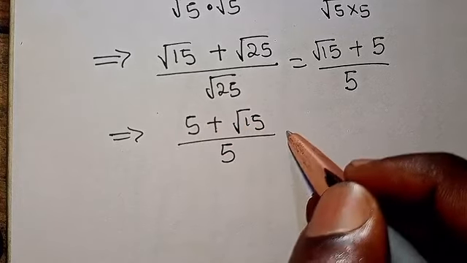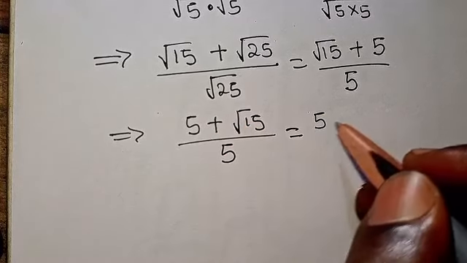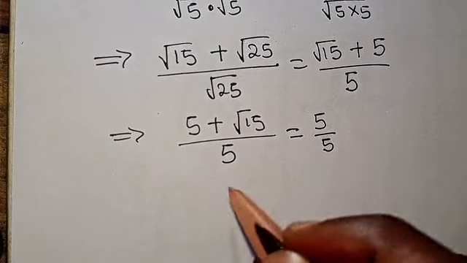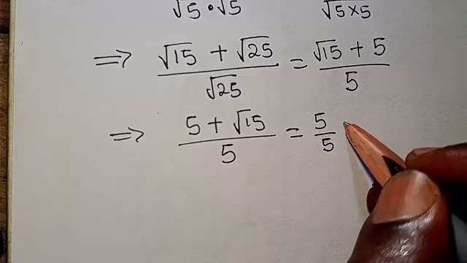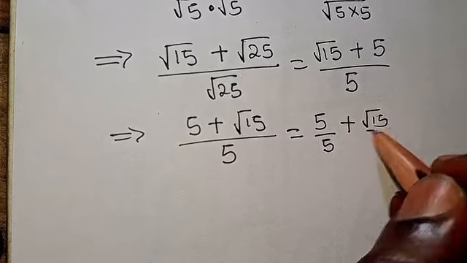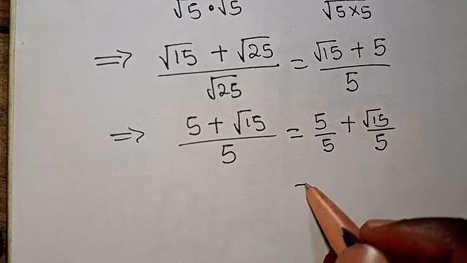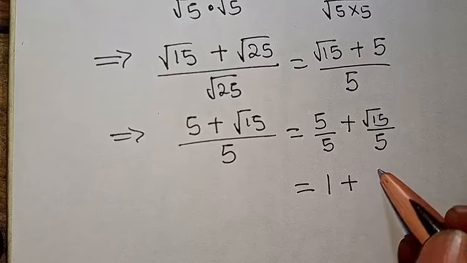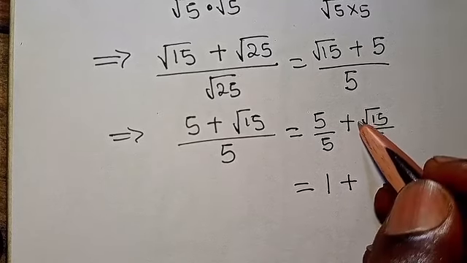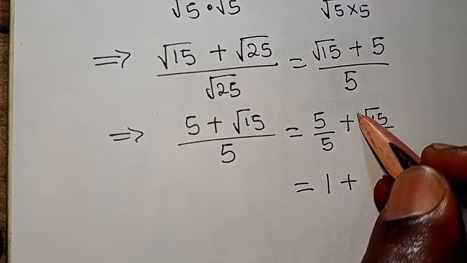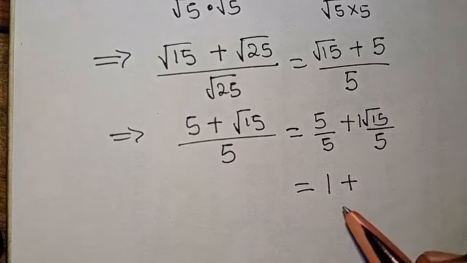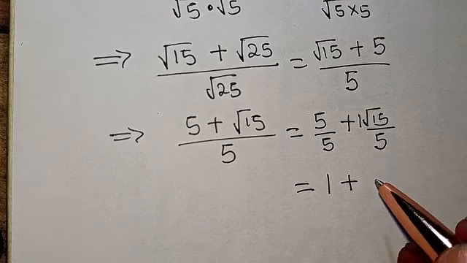We can split this having it to be 5 over 5 because they are sharing the same denominator, plus root 15 over what? Over 5. So now from here you're going to see that this is going to be 1 plus, here we have 1 to be the coefficient of root 15 here, though it is invisible.